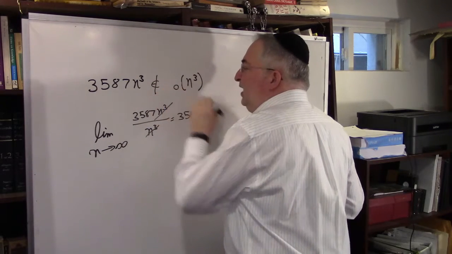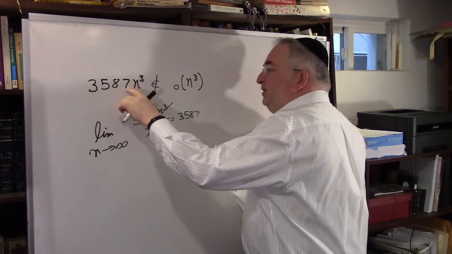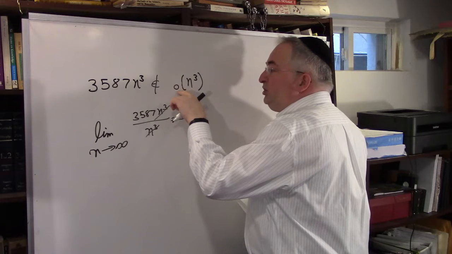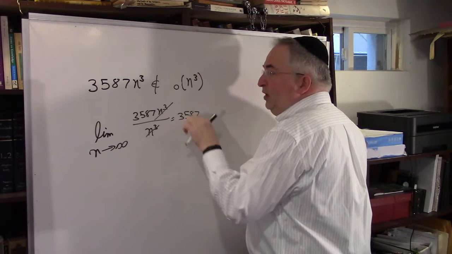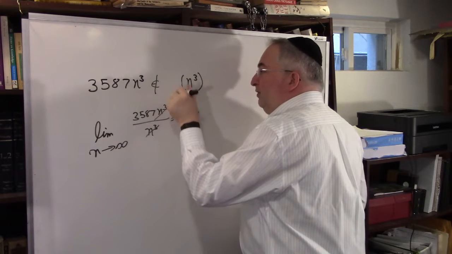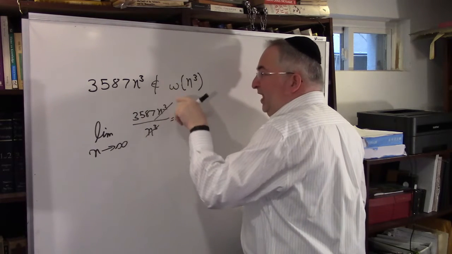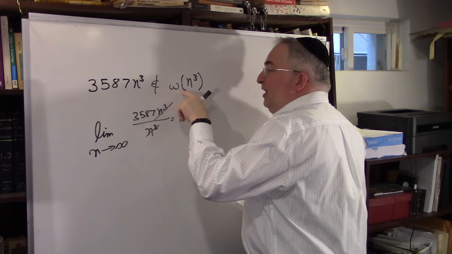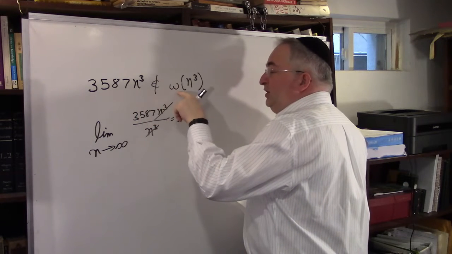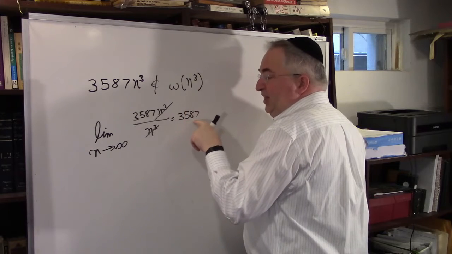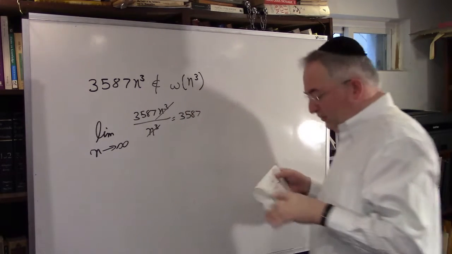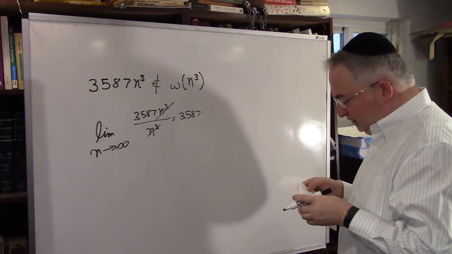This is not true. 3,587 n to the third does not grow slower than n to the third, because otherwise this would be a 0. What's also false is that 3,587 n to the third grows faster than n to the third. Because this is not infinity. So it fits in there.